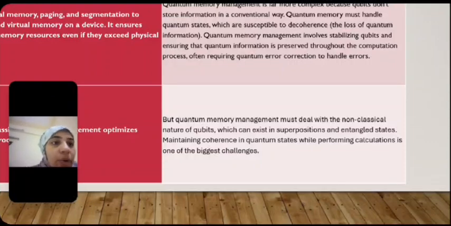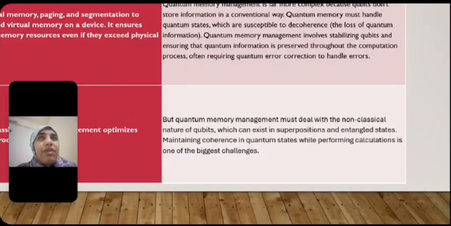Maintaining coherence in the quantum states while performing calculations is one of the biggest challenges. While the state changes from zeros to ones faster and faster, it has to deal with this non-classical nature, the coherence, and the performing of the calculation.